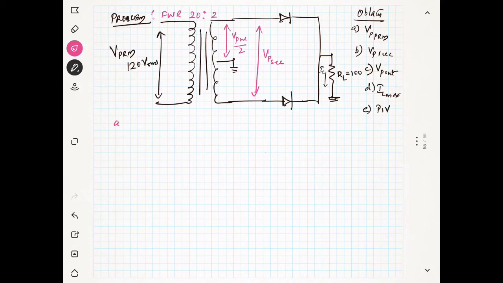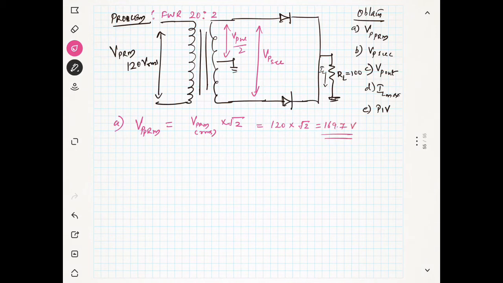So first of all we will find Vp primary. What is Vp primary? It is nothing but the RMS primary voltage multiplied by square root of 2. It is 120, so you multiply 120 with the square root of 2, and it will be 169.7 volt.